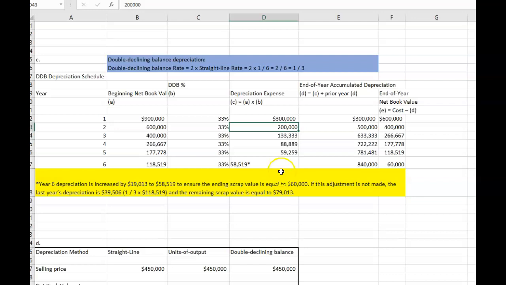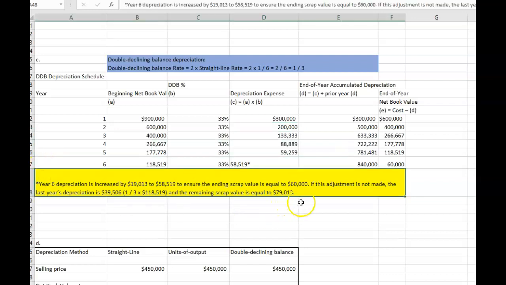So notice in this little note in year 6, the original amount of depreciation was going to be 39,506. And the book value would show 79,013. The useful life we said was 6.